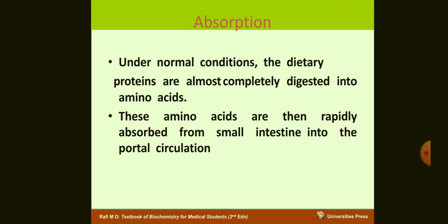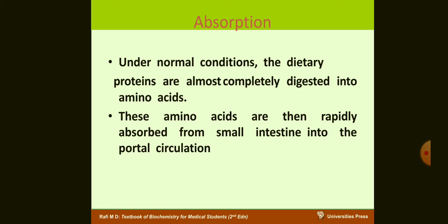These amino acids are in the intestine. There are some other enzymes like aminopeptidase, dipeptidase, and tripeptidase. These enzymes also act on the peptides, their substrate, and ultimately convert the maximum part of the protein into amino acids. These amino acids formed by the digestion of the protein are then subjected to absorption by the intestine.